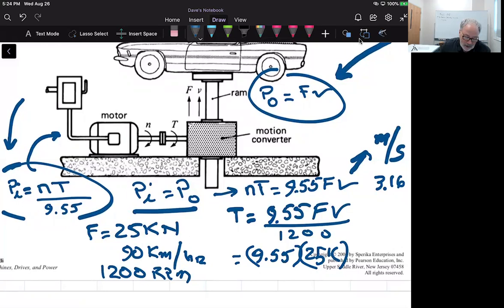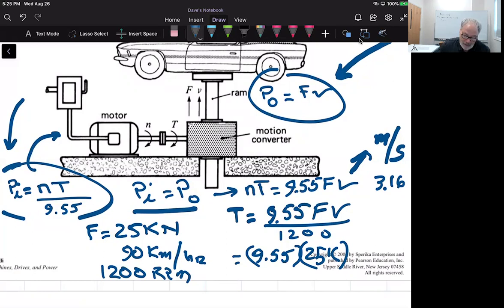And the linear speed is given to us as 90 kilometers per hour, and we've got to get that into meters per second. So he goes through a calculation to do that.